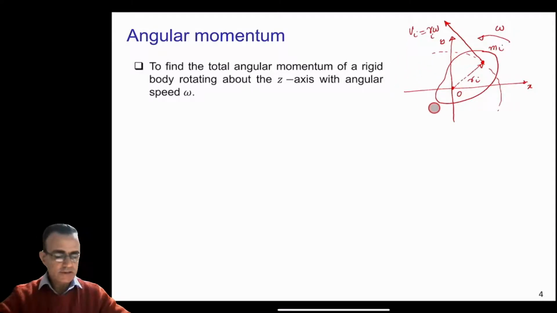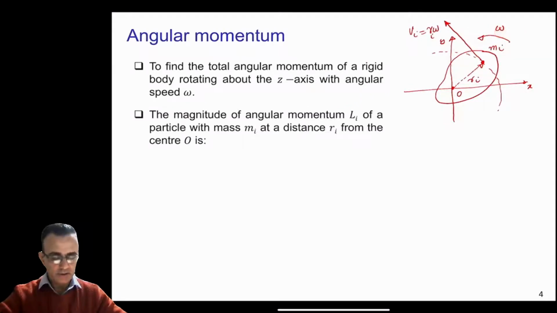So if you want to calculate the momentum of this body, which is rotating about this point O, to find the angular momentum of a rigid body rotating about the z-axis, the z-axis is out of the plane of this paper, with angular speed omega. Now the magnitude of the angular momentum of this point is Li, the angular momentum of a particle with mass mi at a distance ri from the center O, which is this point here.